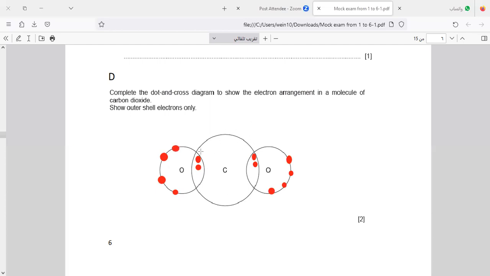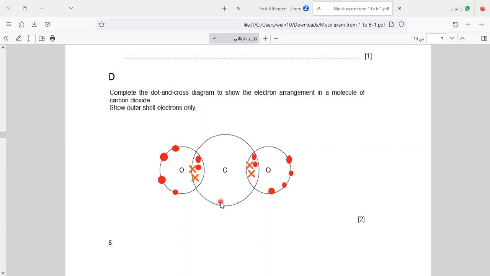Carbon has 4 electrons in the outer shell. I will use crosses. 4 electrons, so it needs 4 more to be 8. It will share 2 electrons here and 2 electrons here. You need to make sure, because I saw some students write an extra electron here. Listen to me.